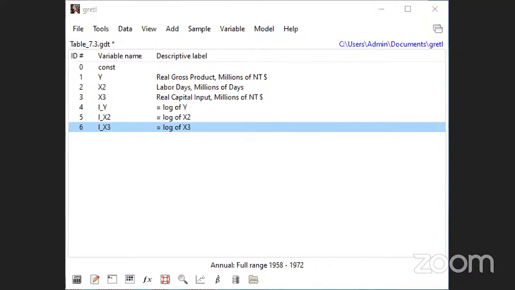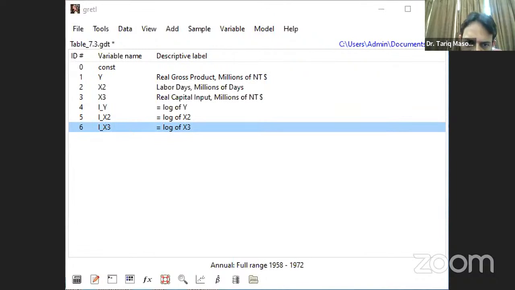Now in the new dialog box, we have a list of all the variables available, and on the right side there is an option for selecting the dependent variable and all the independent variables. So select dependent first. Now this is our dependent variable.